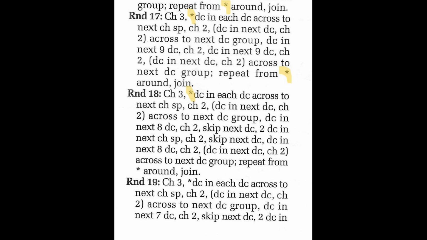You want to keep in mind that you're going to be going all the way through all of that until you get to the second asterisk. And then you're going to be going back to that first asterisk and repeating all of that again. That way they're not having to write the instructions out again and again and again. That can be monotonous. It might be easier for pattern reading, possibly, but it does take up a lot more space to write it that way too.